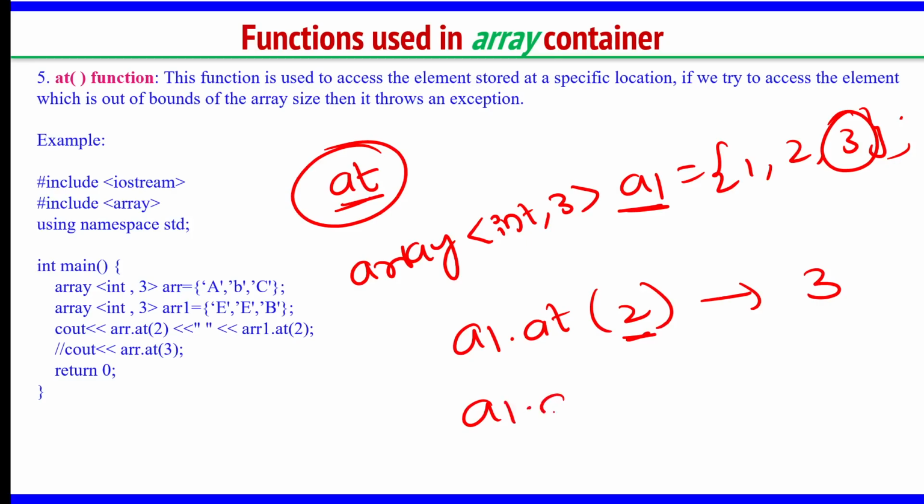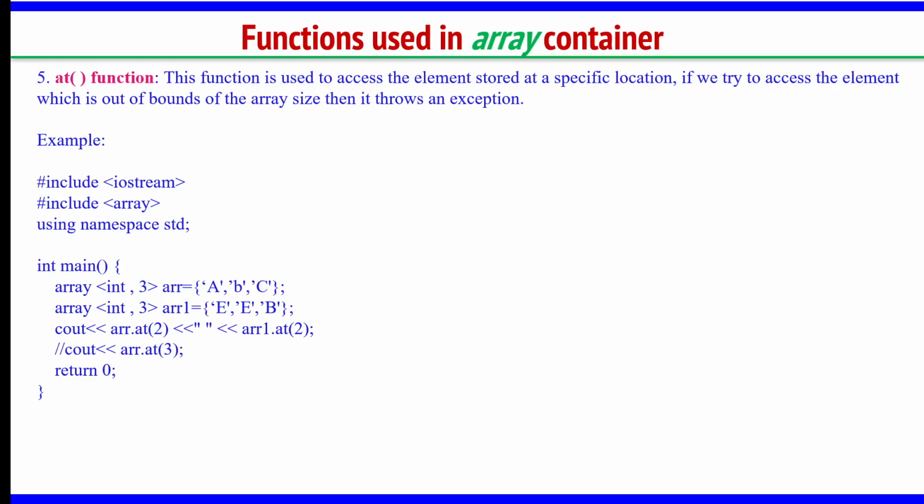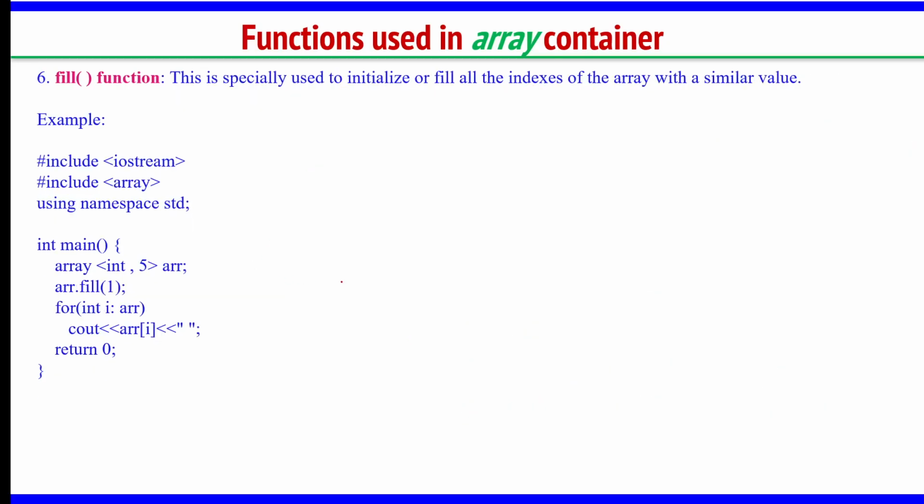If you give a1.at(4), do we have this index 4 here? No. So, it will throw an exception. So, at function is used to access the element stored at a specific location. Next, fill function. Okay.